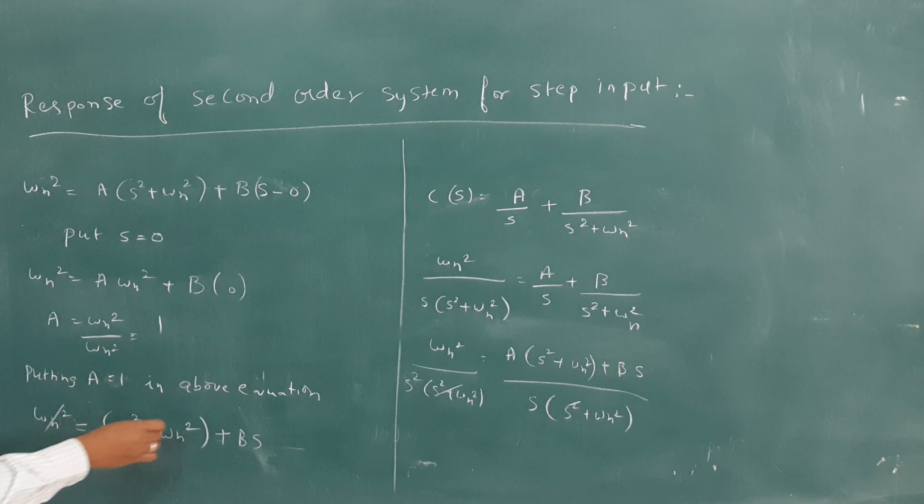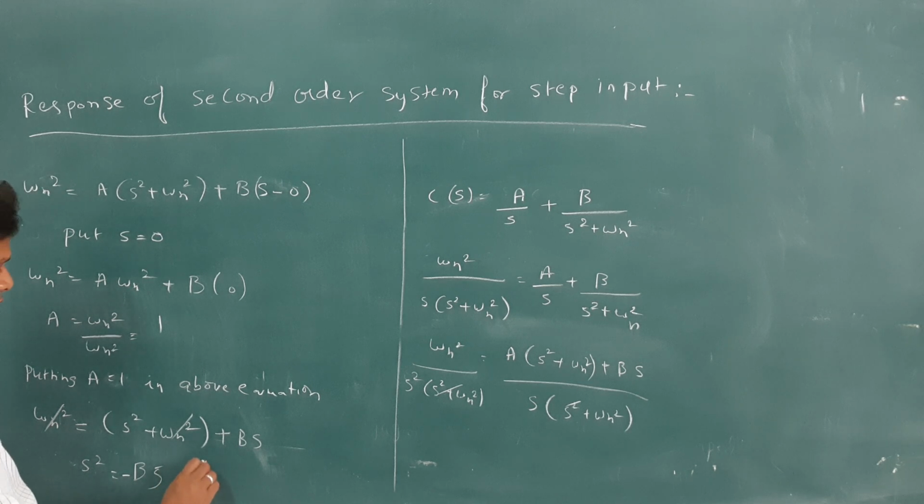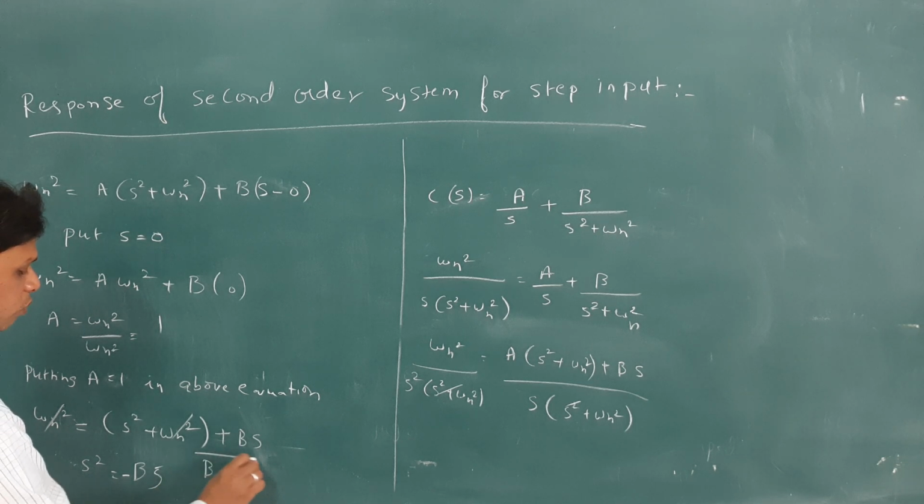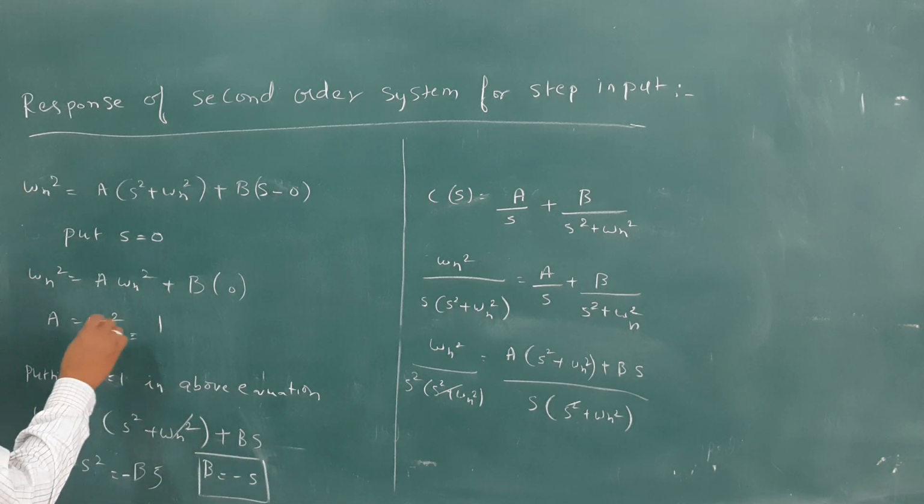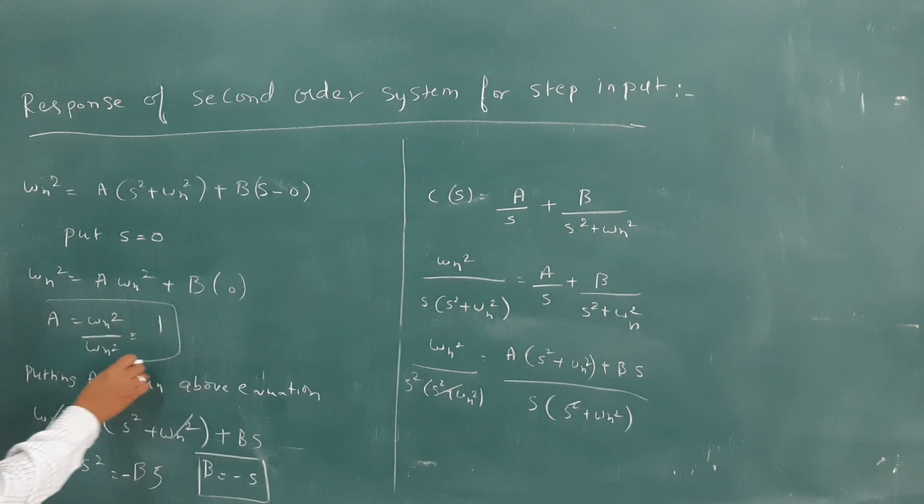Here omega n square cancels, so s square equals minus B s. We get B equals minus s. So we have the values of A and B: A is equal to 1 and B is equal to minus s.